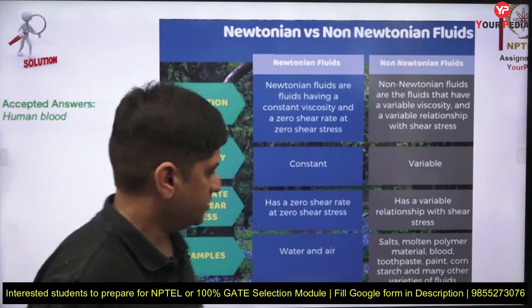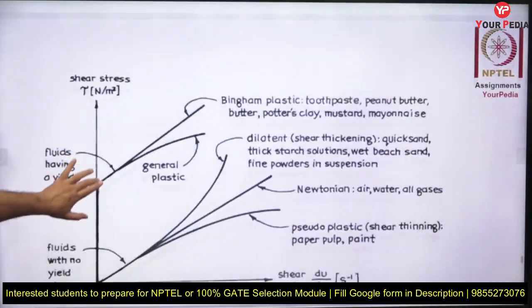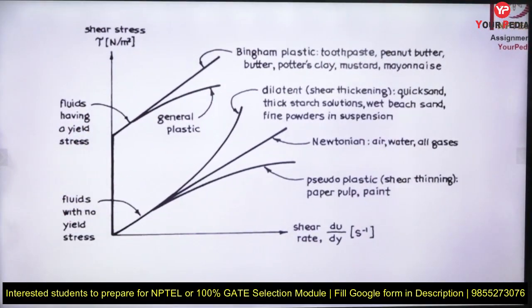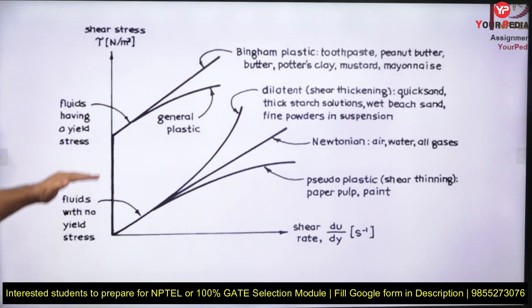Water and air are Newtonian; toothpaste is a Bingham plastic. So this slide is important. You understand this Bingham plastic, toothpaste is a Bingham plastic, and this particular height is basically the yield stress of a Bingham plastic, like toothpaste.